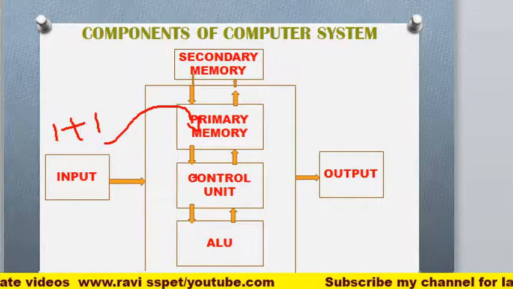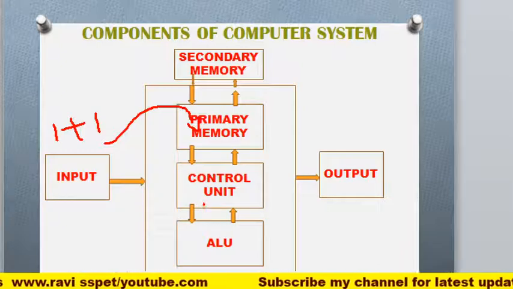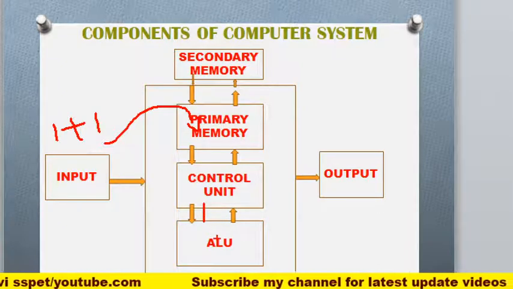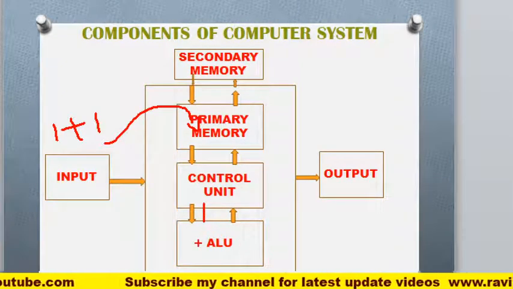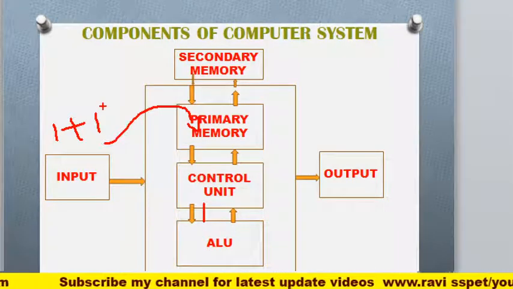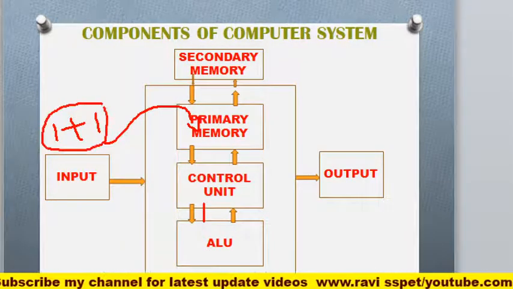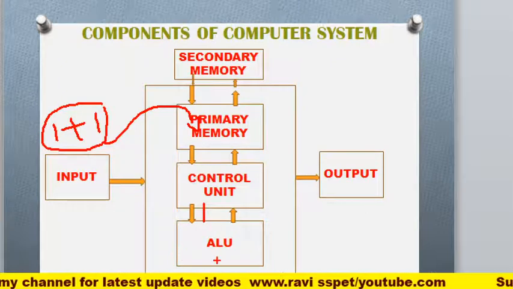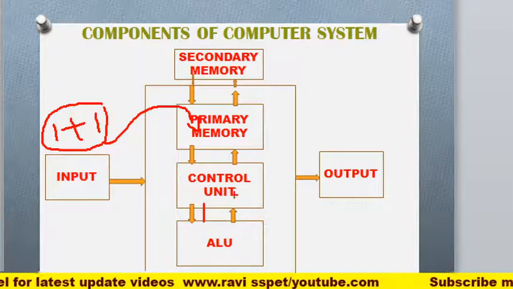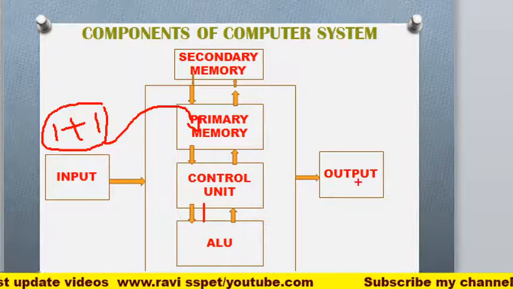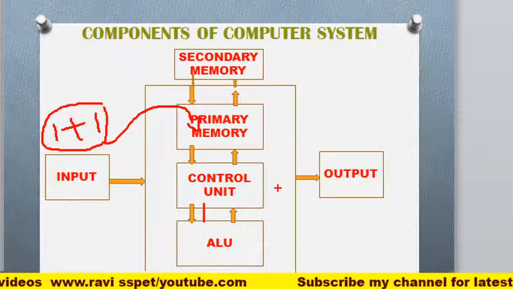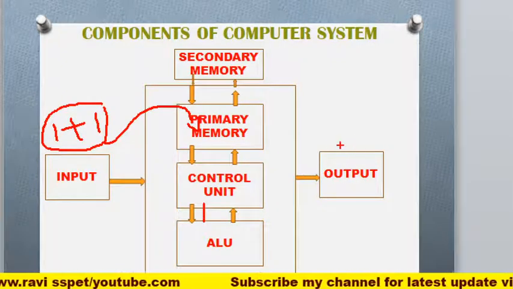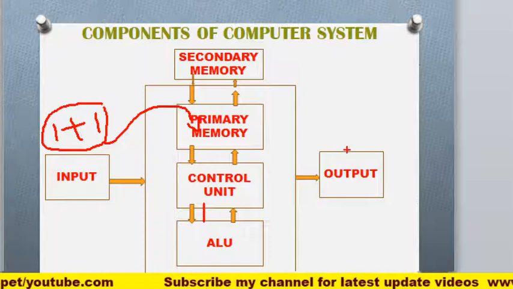Yes, it is a mathematical calculation. So the control unit will send it to the ALU. Here addition is there, so it will do the operation. After that again the control unit sends it to the output unit, and it will display the result on the monitor.